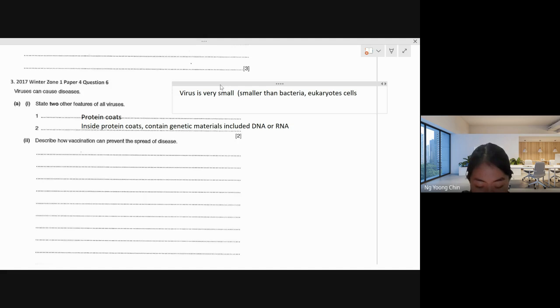And also, virus depends on host. See, they need a host to reproduce, to survive, and multiply. Or you can say that virus depends on host to reproduce.